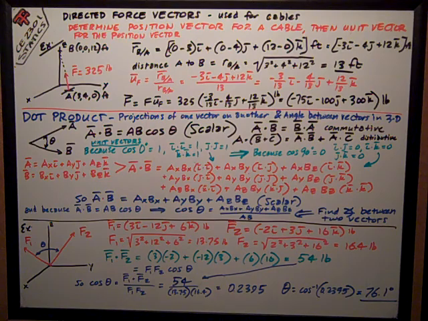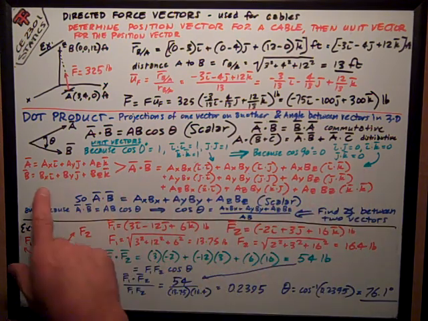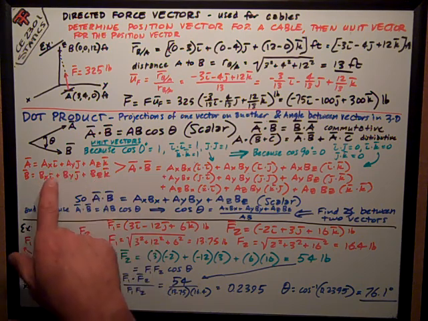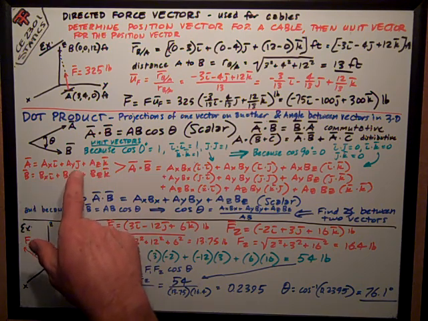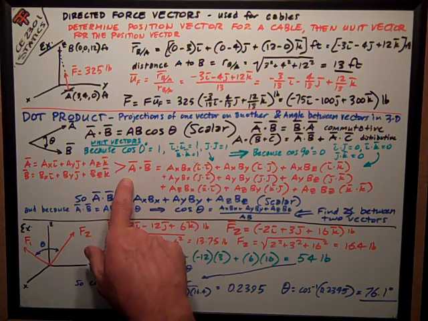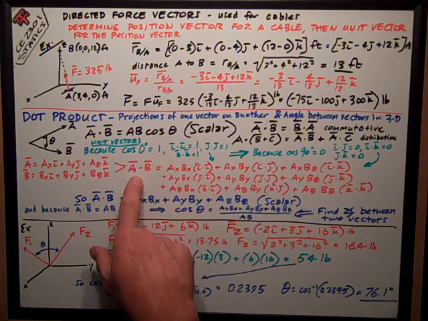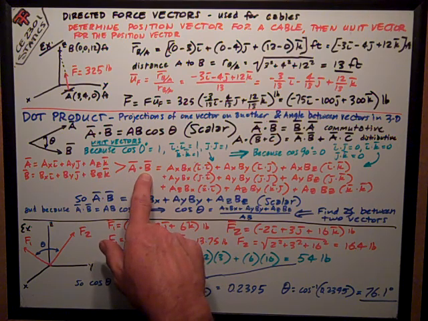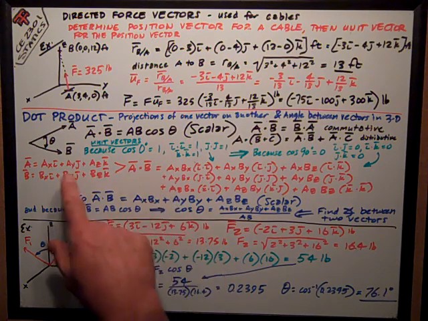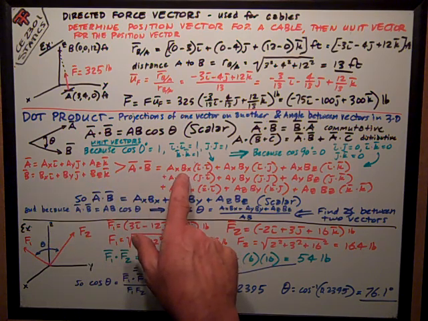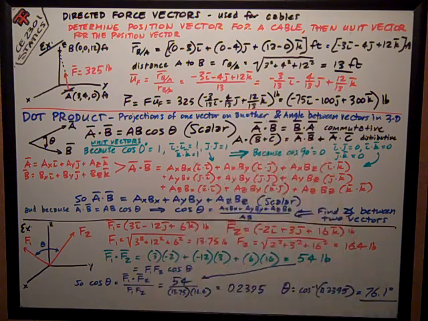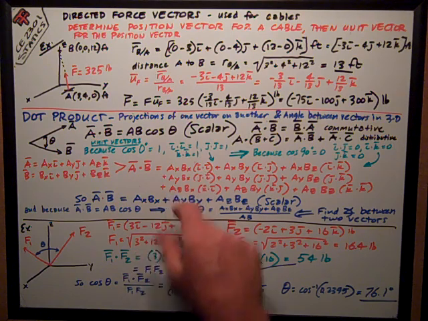So, if I take these two vectors, A and B, and express them in their Cartesian format like this, AXi, AYj, AZk, do the same thing for B, and then I do A dot B, that is going to be equal to the AX term times the BX term, and because of this distributive property, it's i dot i.